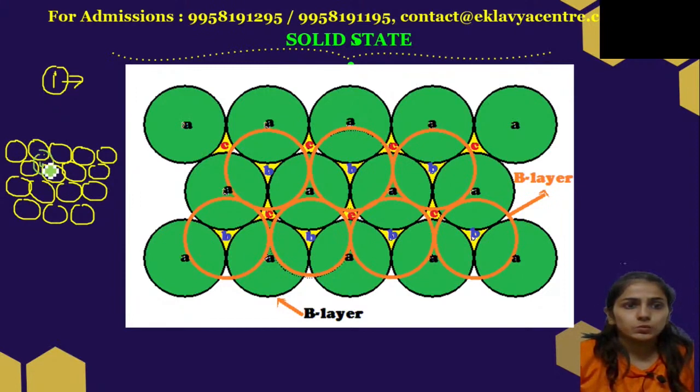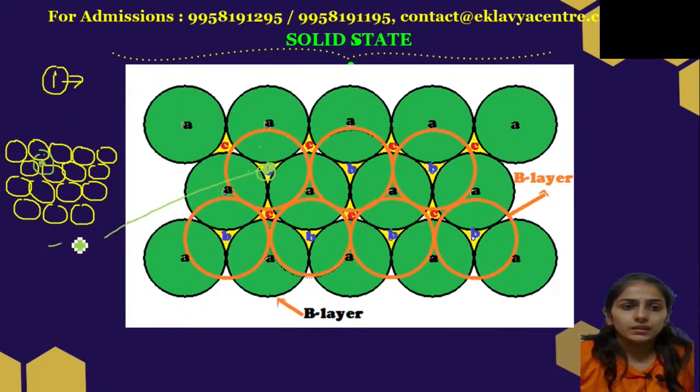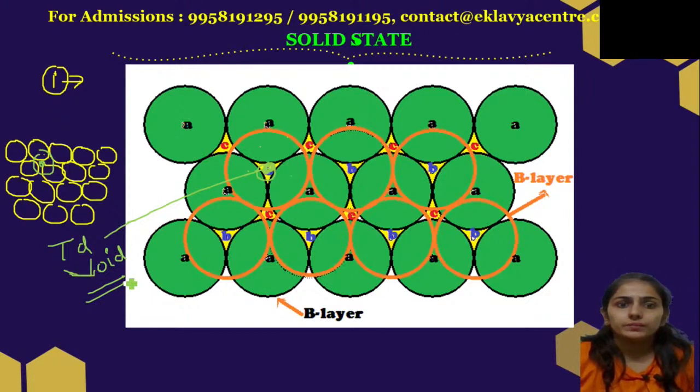Now if we simply see this void, it is surrounded by 1, 2, 3 and this orange color, 4 atoms. So this is called a tetrahedral void. This is a tetrahedral void.